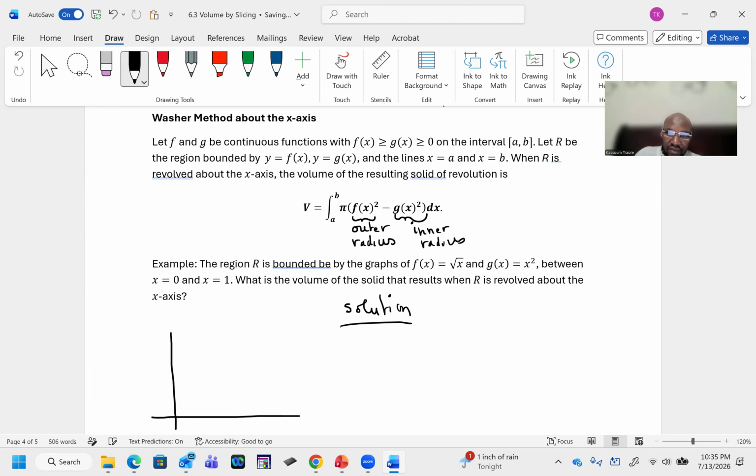So the graph of square root of x, which is f of x, would be something like this.